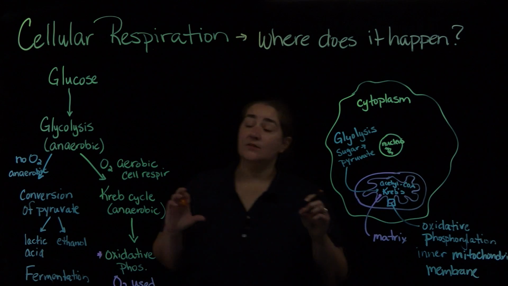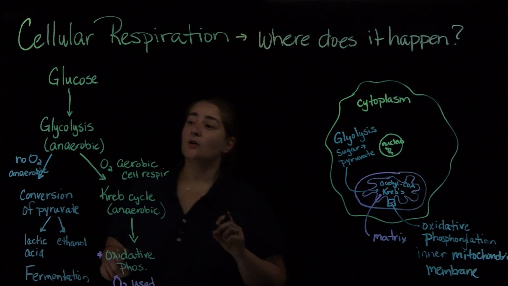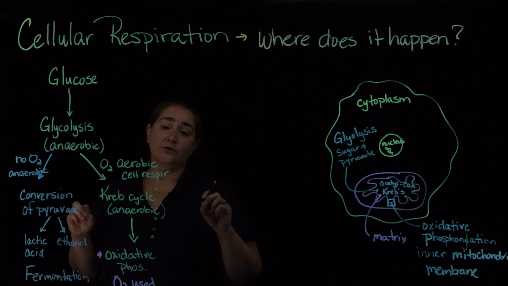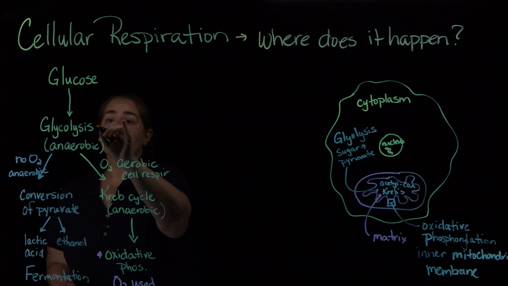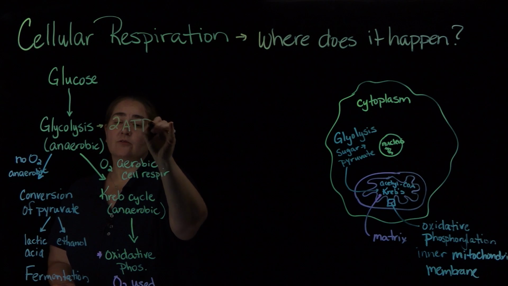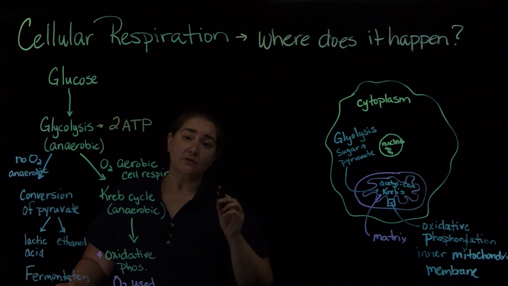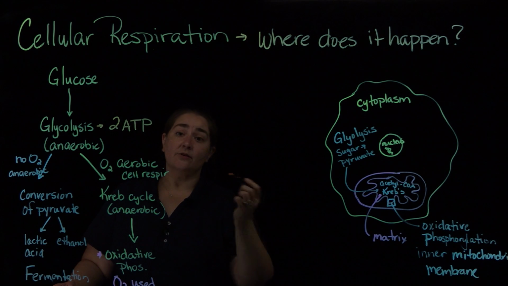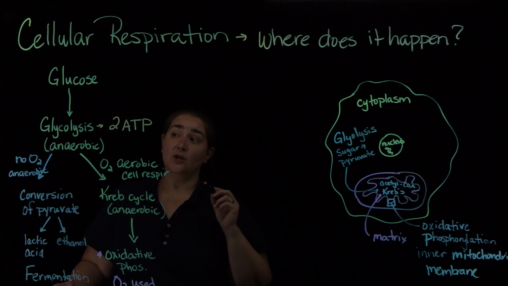With our different steps of cellular respiration, we're going to have different numbers of ATP generated. Glycolysis is going to generate a total of 2 ATP. When I talk more specifically about glycolysis, there are actually going to be 4 ATP generated in the process.